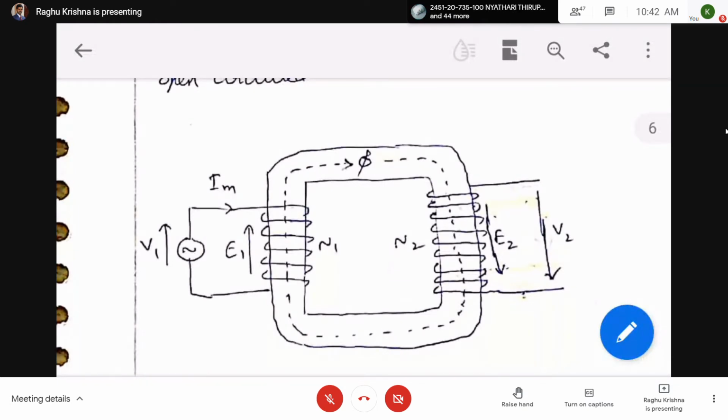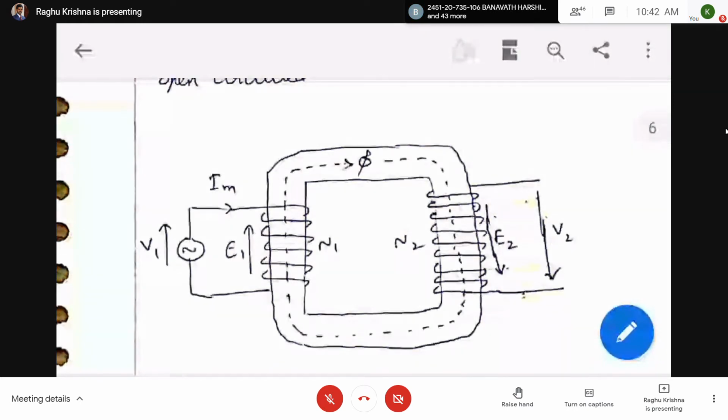Now if you see the left side, V1 is the primary voltage, the source voltage. Next, Im is the magnetizing current. What is the use of magnetizing current? It is used to set up the magnetic flux in the core.